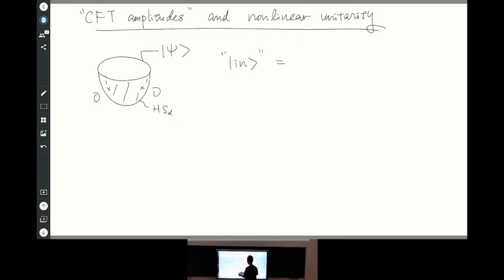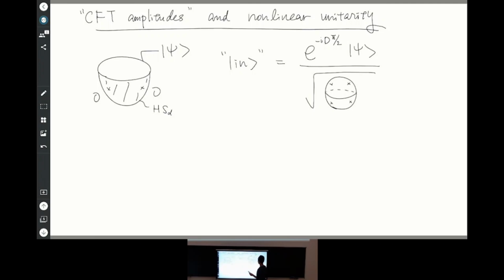Now take this psi and let it time evolve using the radial quantization Hamiltonian, which is the rotation operator, by pi over 2 acting on psi. And then divide by the square root of the norm of psi, which in CFT language basically corresponds to the sphere 4-point function. So let's just introduce this object.